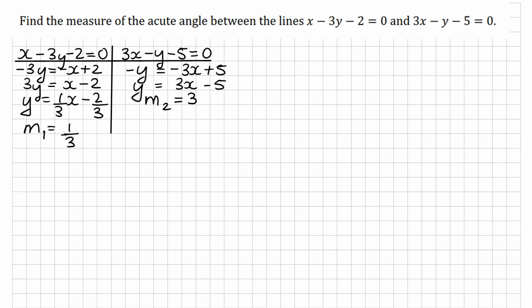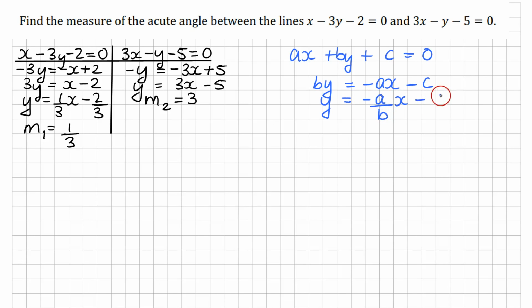Now what you can do here quickly for slopes, and you just want to be really careful with this: if a line is in the form ax plus by plus c equal to 0, then if we try to get the slope of any line like this, by will be equal to minus ax minus c. So y would be equal to minus a over b x minus c over b.